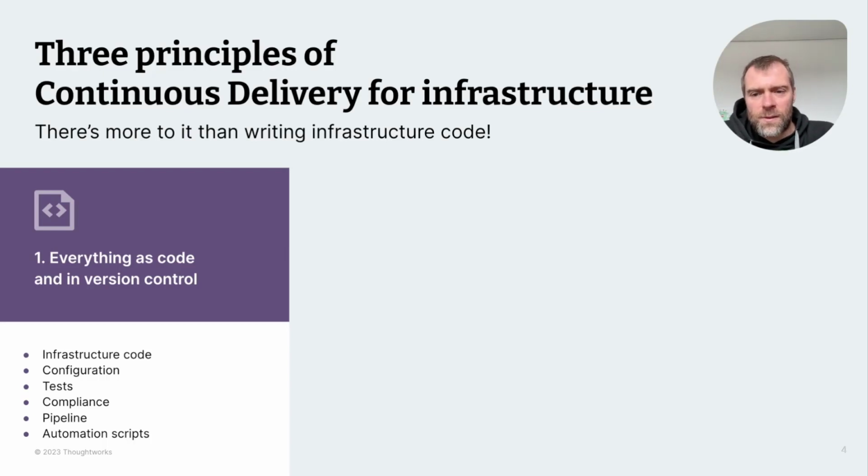Then also the tests you write for this infrastructure code. You can even put compliance rules in code nowadays. You should have the pipeline and also the automation scripts in code.